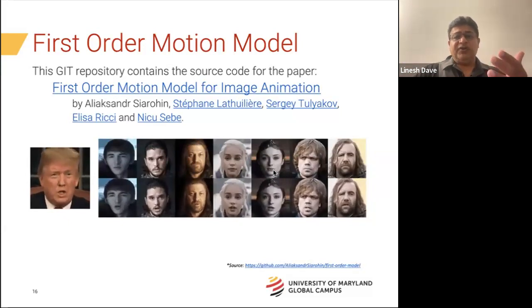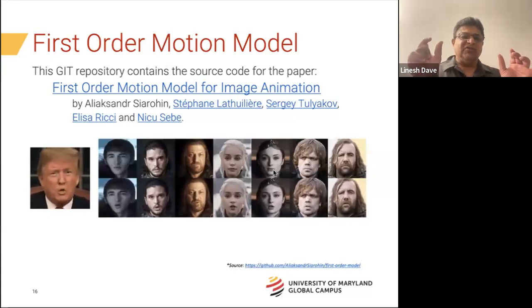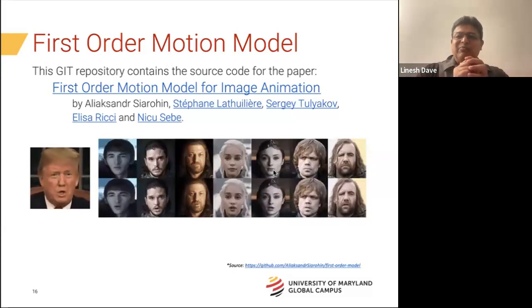And what you see on the top right are all the still images. So the video of the former president could be like a driver video, and then you apply a still picture to it, and it gets superimposed. The result that you see is on the bottom right, right?